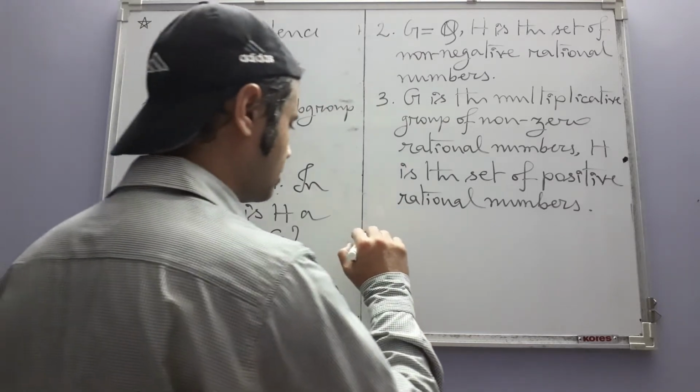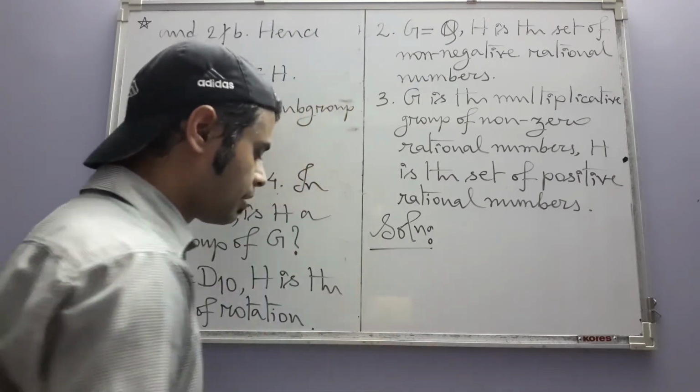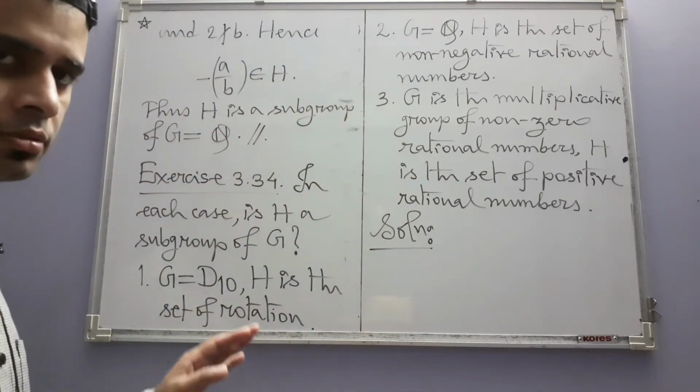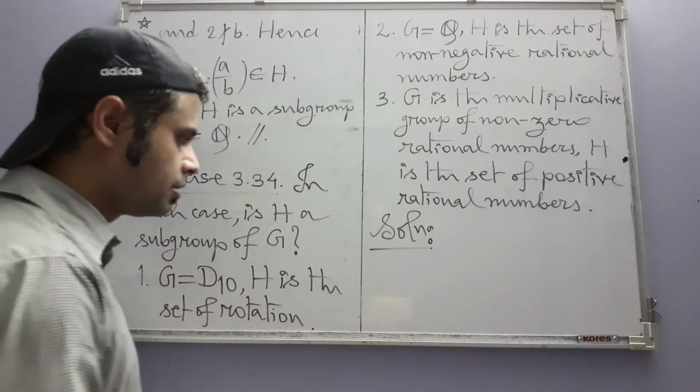So this next one, let's see the solution. Unlike the set of flips, the set of rotations will turn out to be a group. The reason is simple.